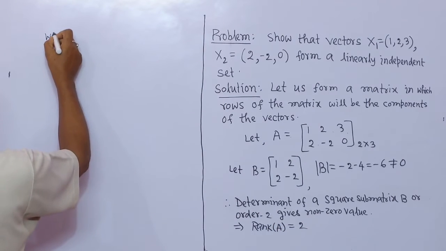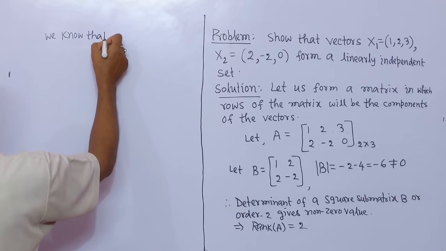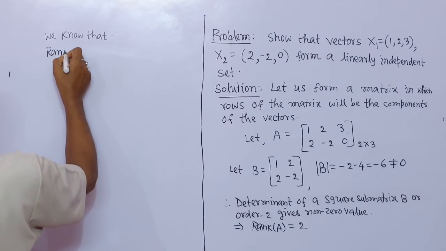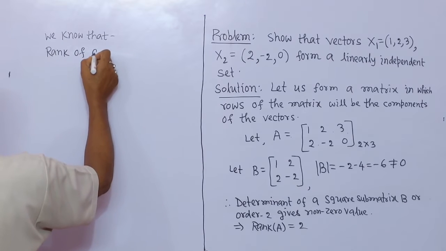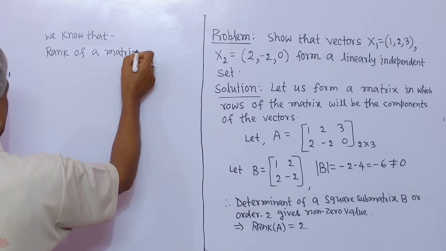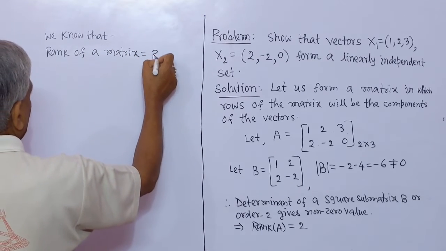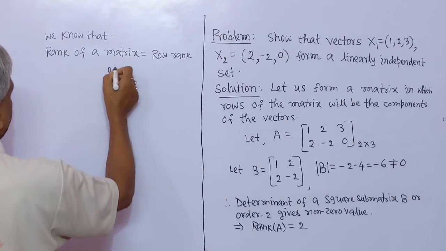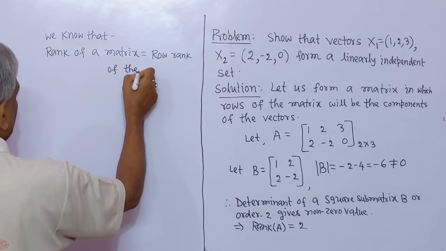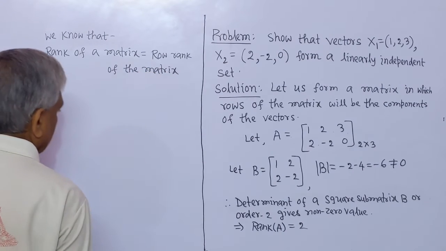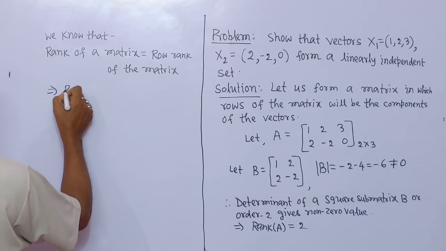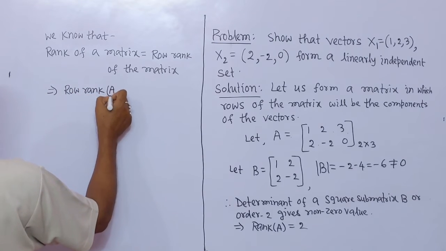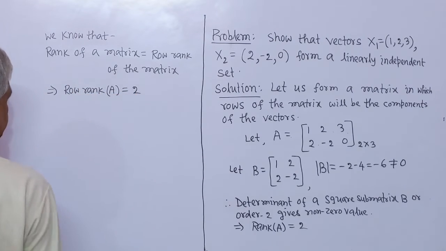We know that the rank of a matrix equals the row rank of the matrix. This implies that the row rank of matrix A equals 2.